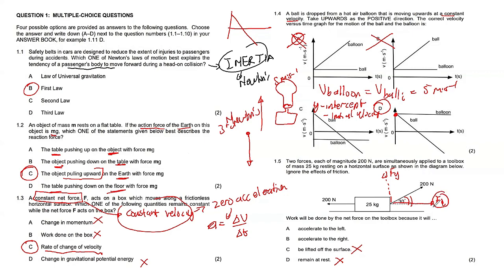So that means we would have to check for the magnitude of Fx and compare it to the magnitude of this force applied here. Now, what are we looking for? If this Fx is greater than this 200 newton, it would mean that this block will be pulled to the right. But if this 200 newton is greater than whatever we find for Fx, that means this object will be pulled to the left.